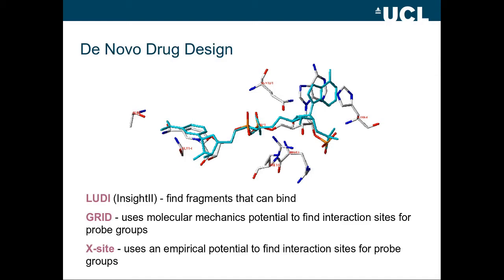Once you have those probe groups and where they would like to be, you need to be able to connect them together into some sort of complete molecule. Again, there are a number of programs that can achieve that for you. One of them used to be called Lego because it's the idea of assembling little building blocks. I don't think it has that name anymore because I imagine they got approached by lawyers representing a well-known Danish toy company.